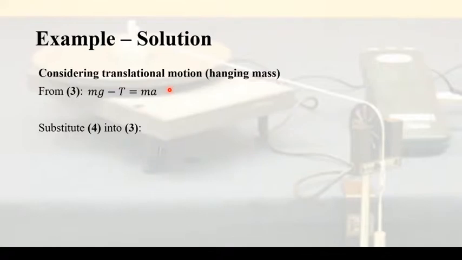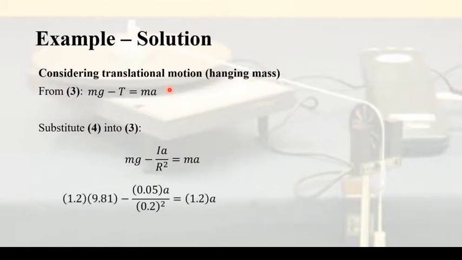Substitute 4 into 3. So mg minus IA over R squared equals MA. You have the value for small m, and G is 9.81. I equals 0.05 based on your calculation just now, and R equals 0.2. Remember, everything must be in SI units. Once again, this M equals 1.2.